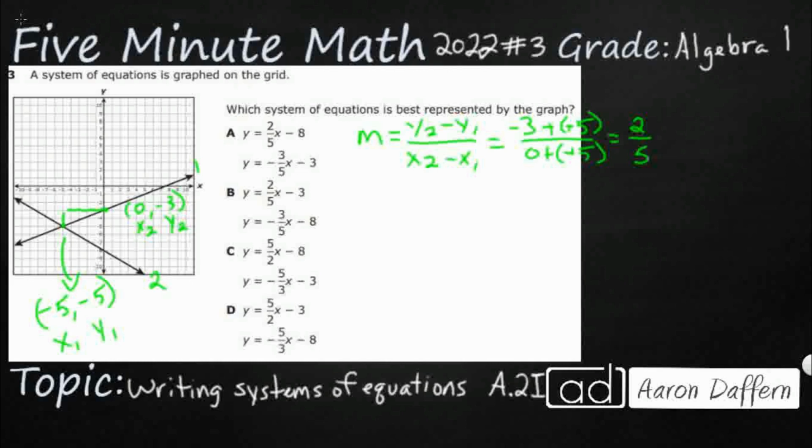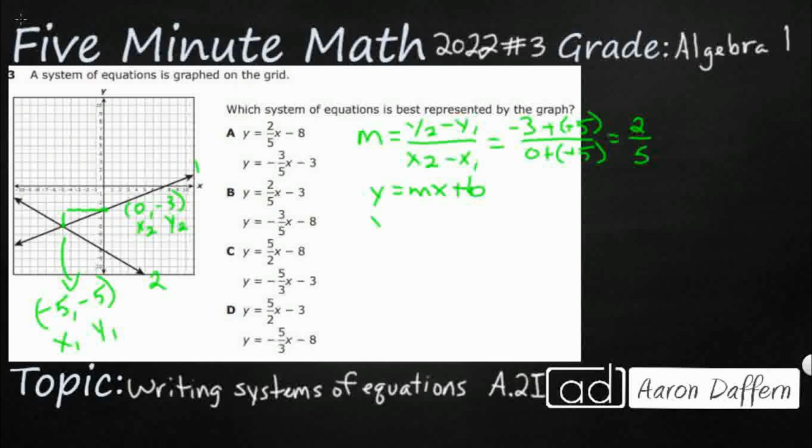Now, normally I would need to find the point slope form in order to find the y-intercept, but if we just look at our slope-intercept form, y equals mx plus b. Remember, b is simply the y-intercept. What happens when x is 0? Well, that was one of the points I used. X of 0, y of -3. I've got my y-intercept.